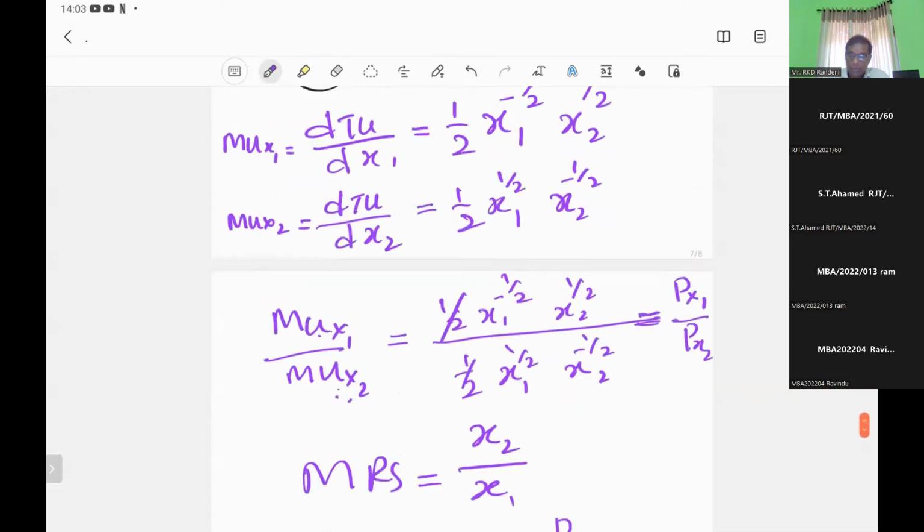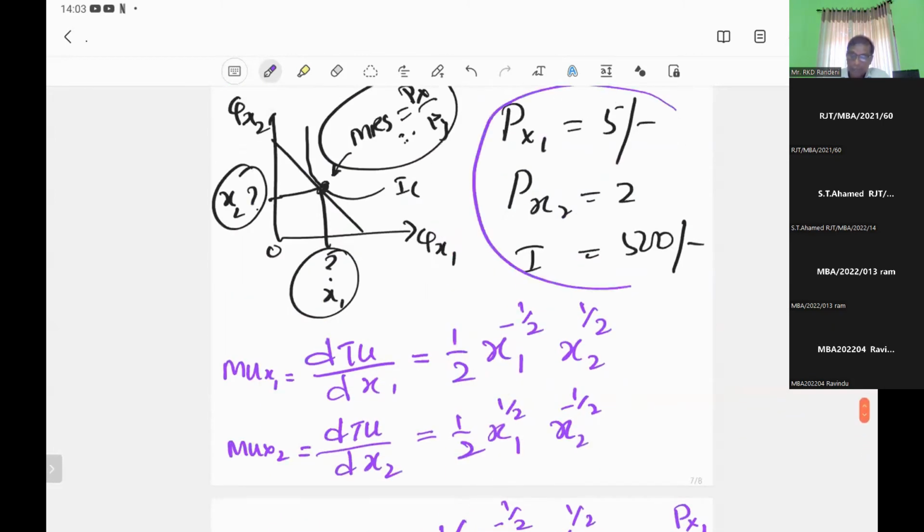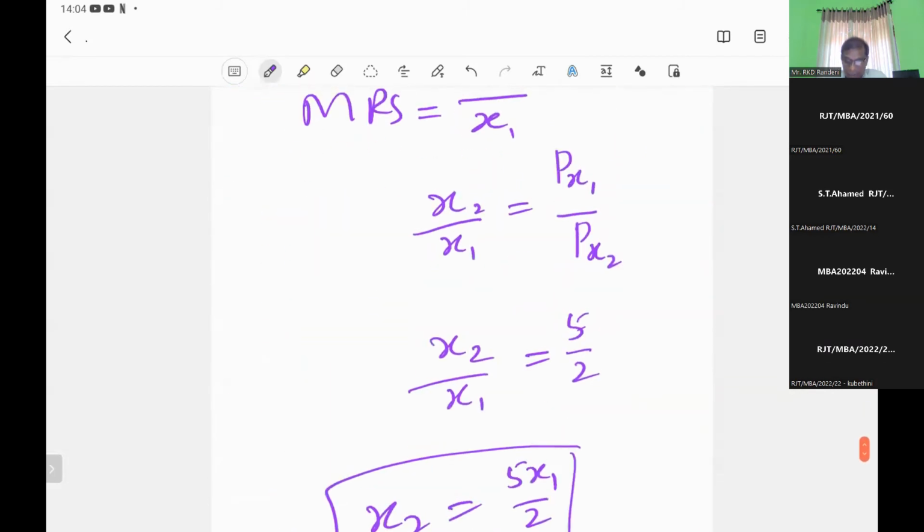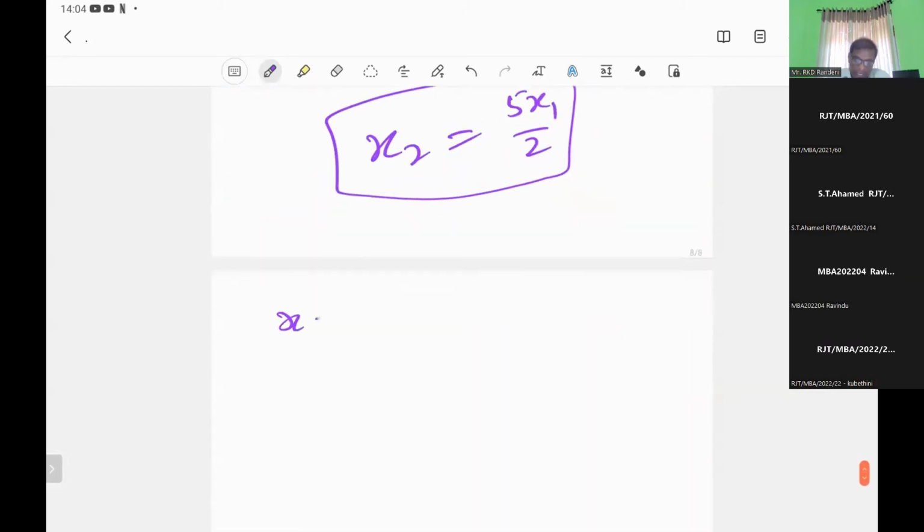Now according to the given details, 5x1 plus 2x2 equals 500. According to the theory, xPx plus yPy equals I. Can you remember?